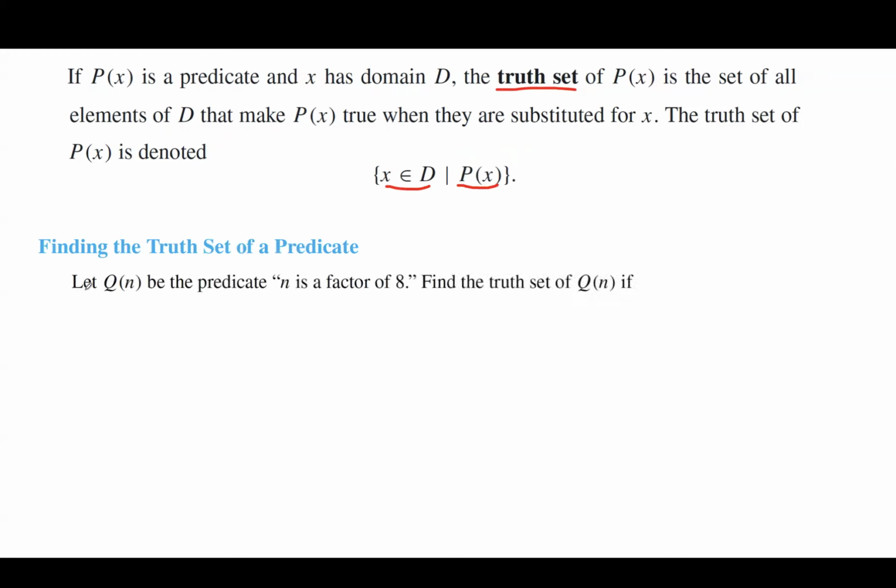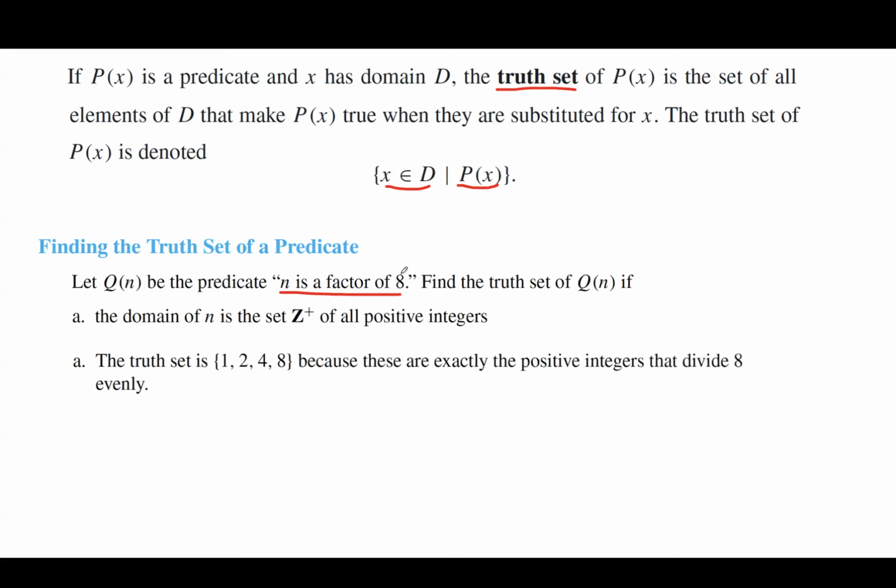For example, let Q of n be a predicate that says n is a factor of 8. Find the true set of Q of n if the domain is positive integers. Well, in that case, for positive integers, 1 divides 8, 2 divides 8, 4 divides 8, 8 divides 8. All of these numbers are the factors, or basically the numbers that divide 8.